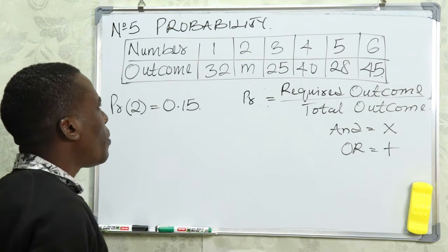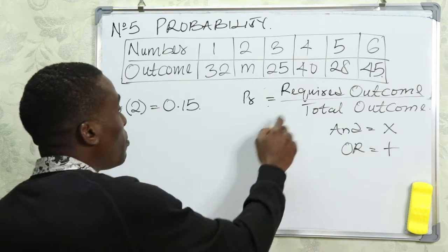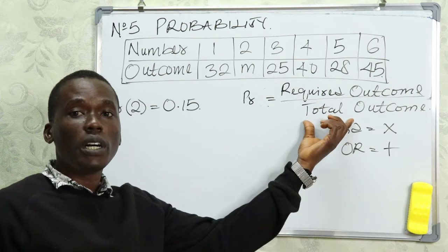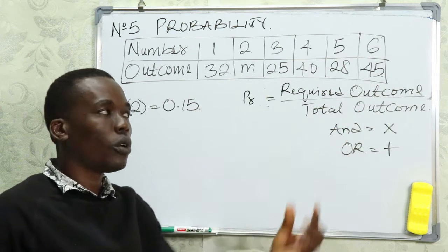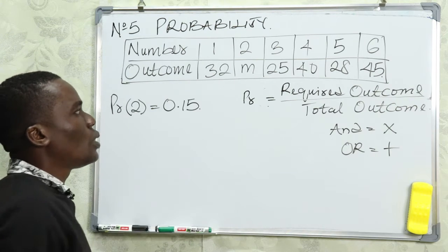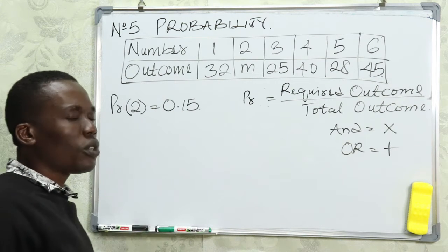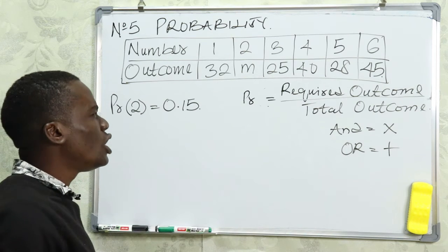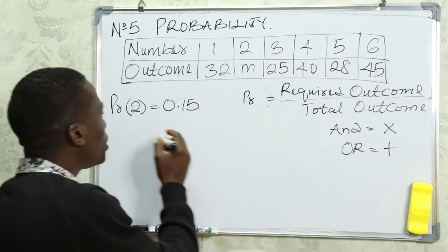Now how do we go about finding the value of m? Remember, I told you probability is the required outcome all over the total outcome. So from here we are going to look at the total outcomes, and remember in this question number A, our required outcome is m. So the total outcome is what we are going to look for.